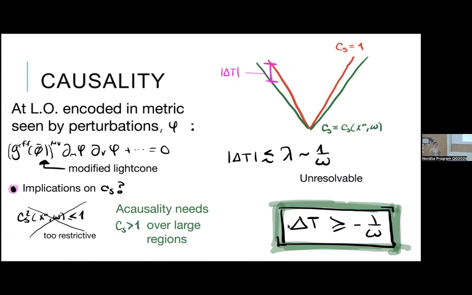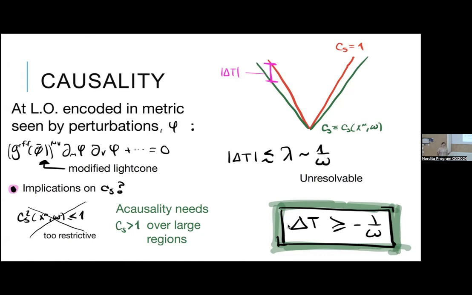When you compute the time delay, you will see, when I show you the explicit formula, that this is actually an integrated effect along the spacetime for the propagation of these waves. So what you need for acausality to happen is that you do have superluminal propagation, but not just at one point or in a small region in spacetime, but for large regions in spacetime.